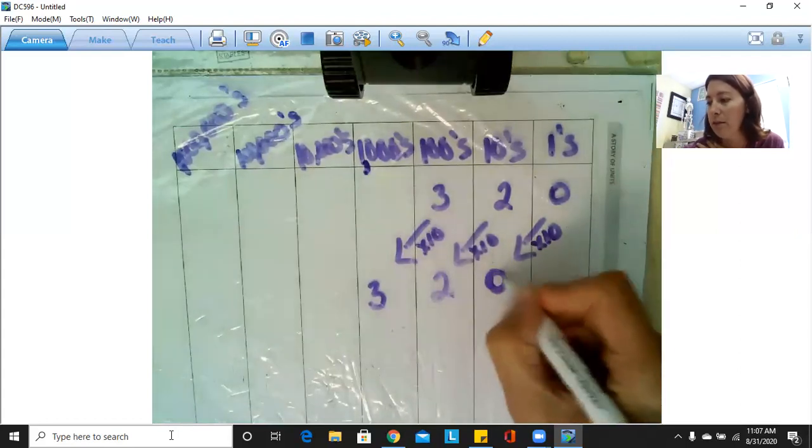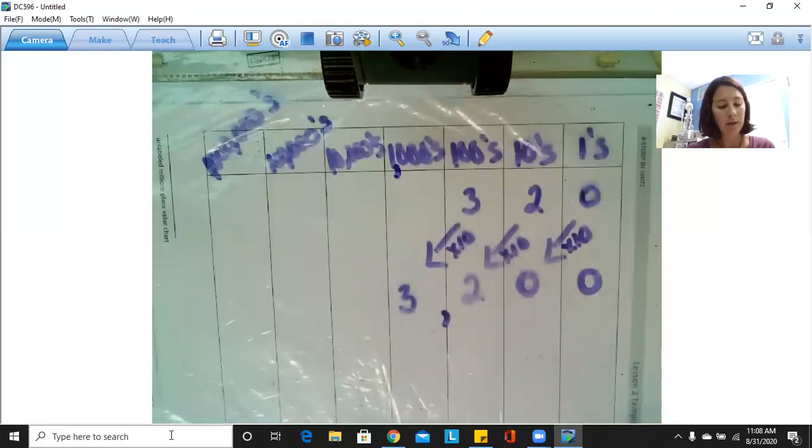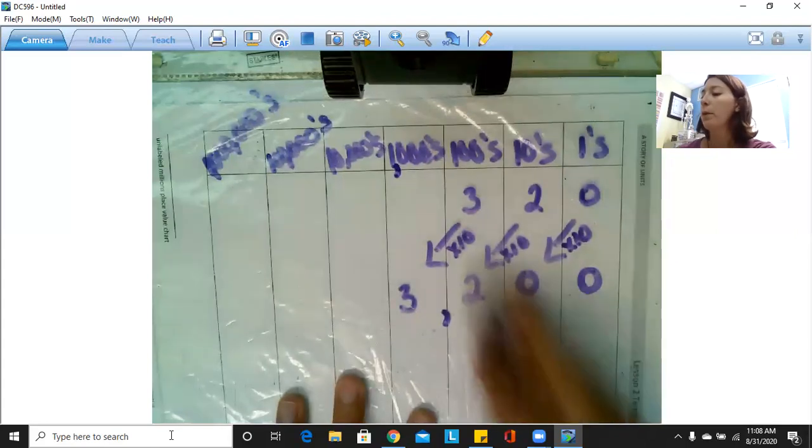My 0 ones now becomes 0 tens, and I still have 0 ones. So 320 becomes 3,200.